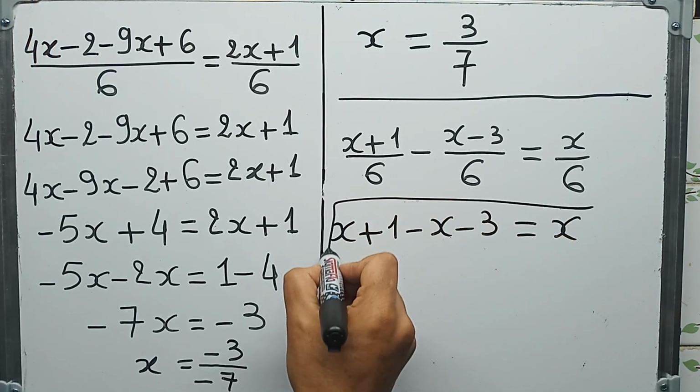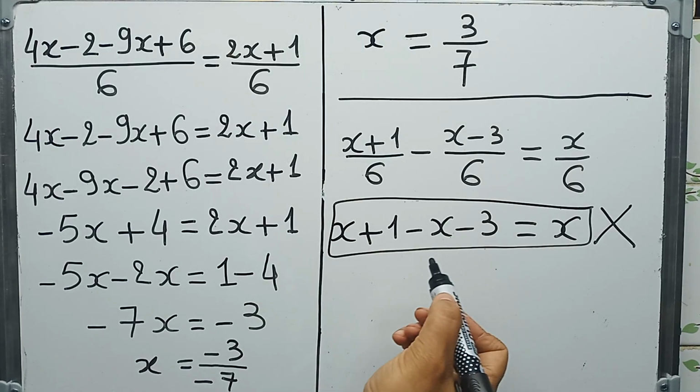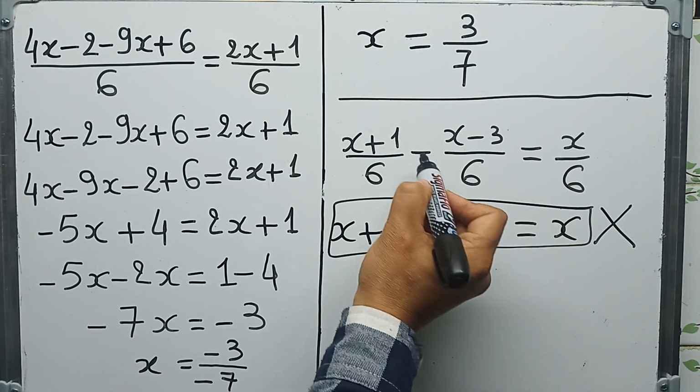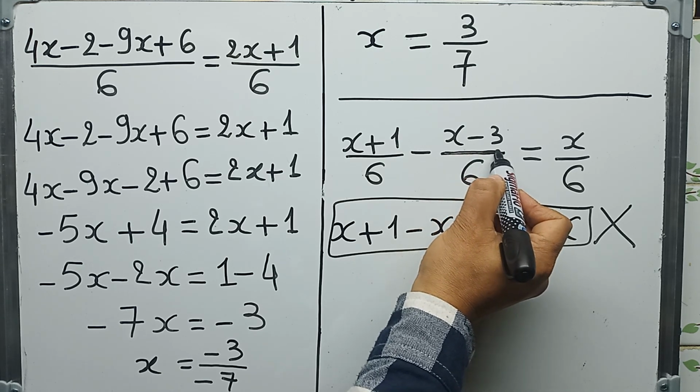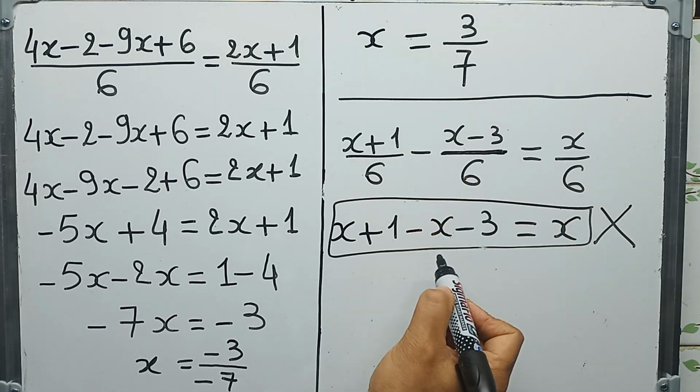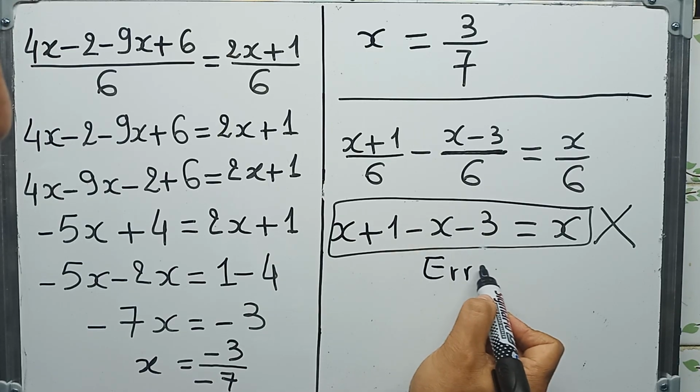If you do this, you are making a mistake. Don't do this. Why? Because when you cancel the second denominator, which is the 6, this line here will become a bracket. So here it's an error.